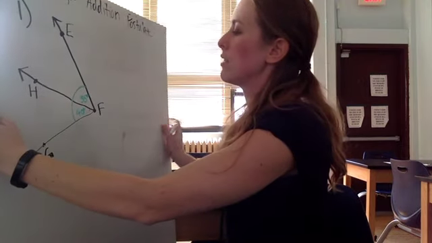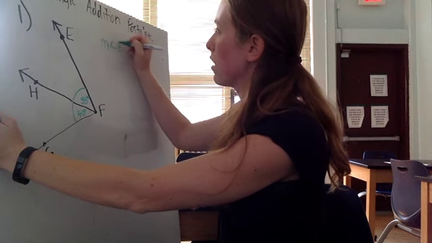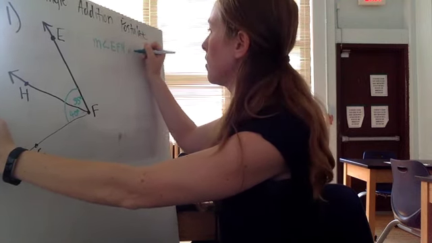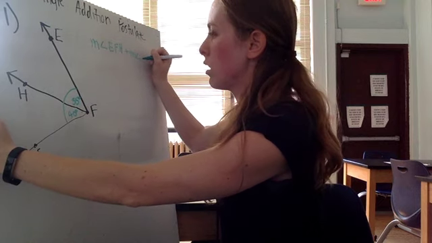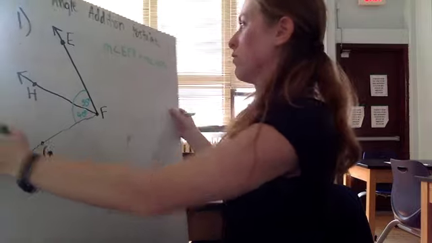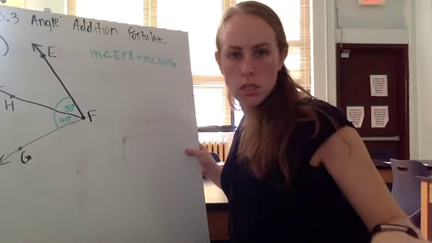So we want to take the measure of angle EFH, add it to the measure of angle HFG. So I'm going to switch colors.